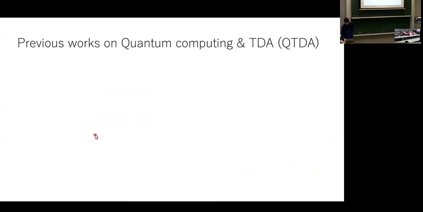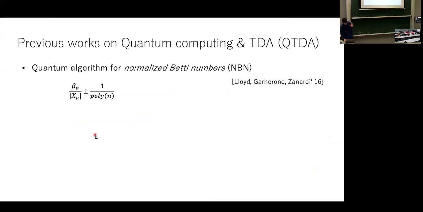As I have said, the number of simplicial complexes can grow exponentially. So there have been several attempts to use quantum computing for topological data analysis. The first attempt in this direction is by those authors, who provided a quantum algorithm for estimating the normalized Betti numbers.